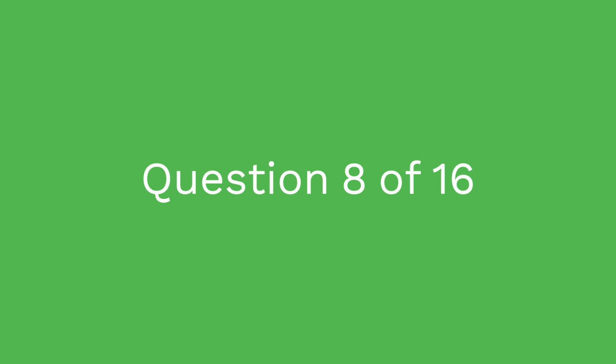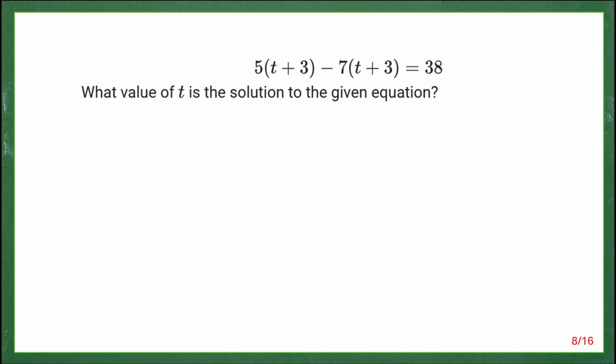Now for problem number 8, we are given an equation in which we have one variable and we have to figure out the value of that variable. So let's solve this one. I have 5 times t plus 3 minus 7 times t plus 3 equals 38. So we just have to simplify that. 5 minus 7 will become negative 2 times t plus 3 equals 38.